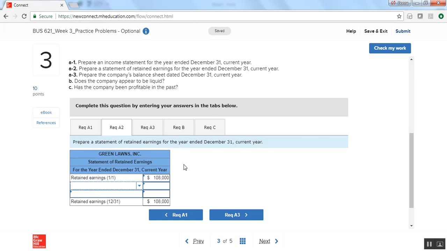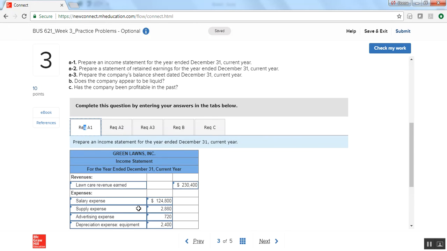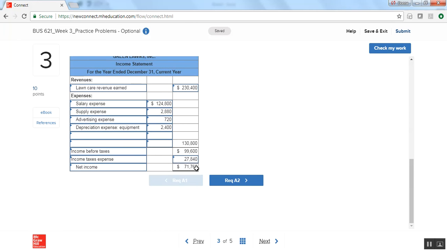You'll remember that there's two things that go into retained earnings: net income and dividends. So we need to close out our net income to the income summary. We're going to debit revenue and credit our income summary, and then credit our expenses and debit our income summary.